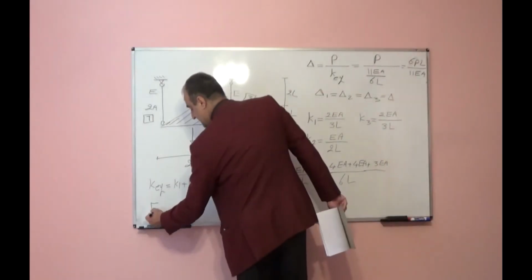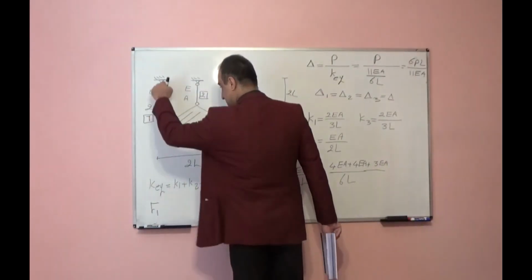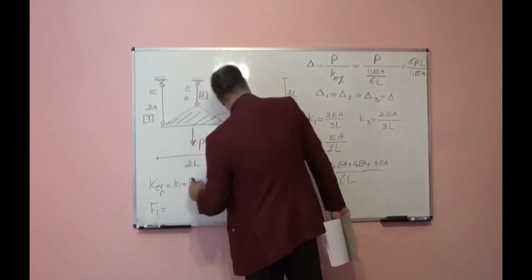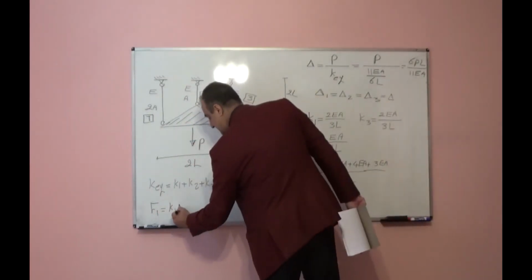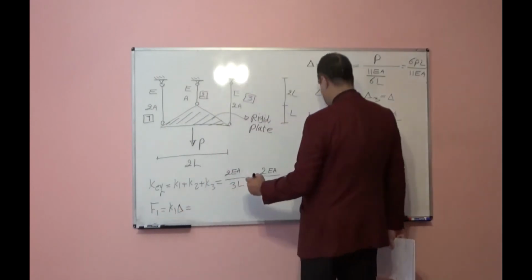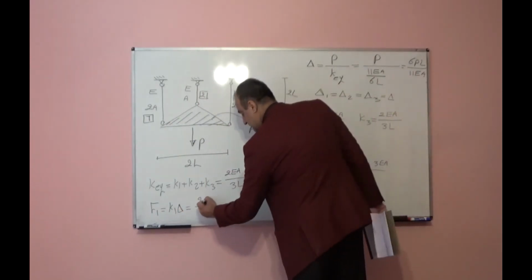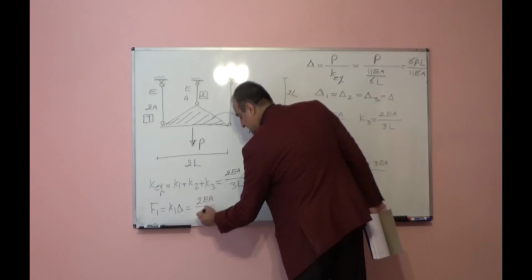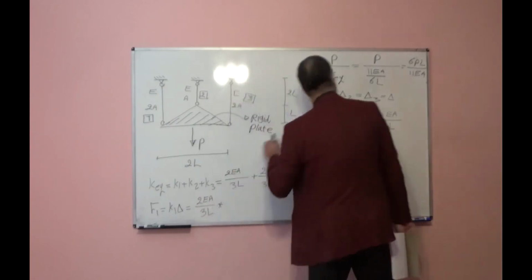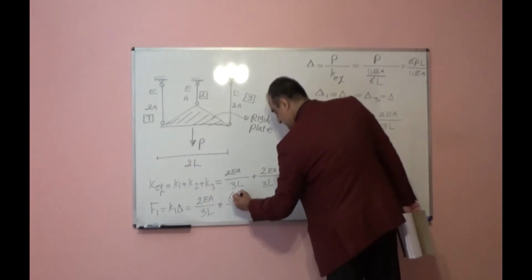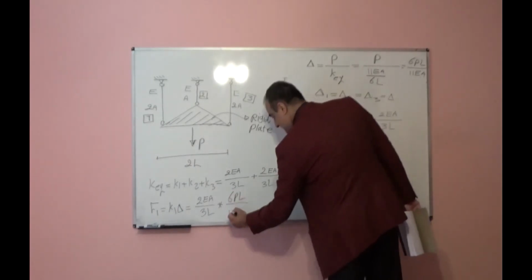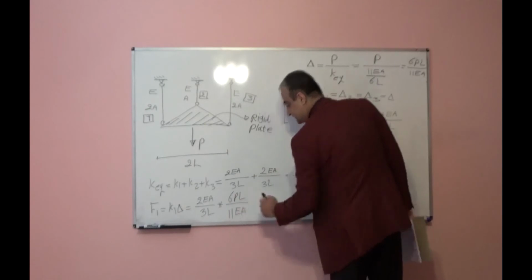Now here, F1, the force in this rod, will be the stiffness of that one, K1, times delta. K1 is equal to 2EA over 3L times delta, which is 6PL over 11EA.